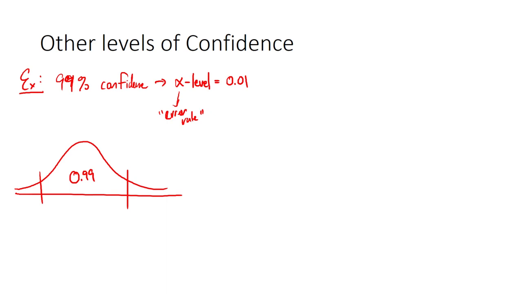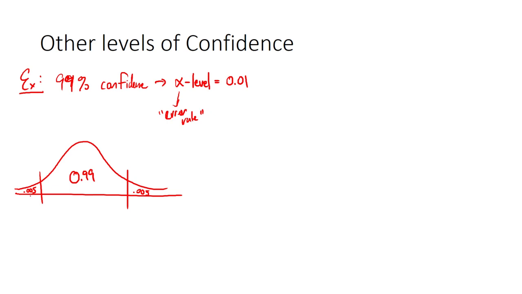So what we do is we take that alpha level and we split it in half. For 99% confidence, you split it in half, and you have 0.005 above and 0.005 below. Okay, so 0.5%. And then you would go to the table and look for that value inside the table to give you your cutoffs.